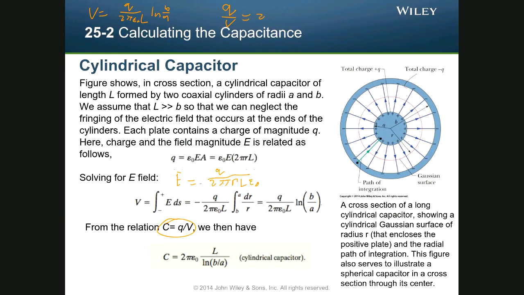So that's going to be 2 pi epsilon naught L, and that's going to be all over the natural log of B over A, sorry. I'm mixing all sorts of stuff up tonight. B over A, okay? And remember, C is equal to Q over V, so you'll notice that this equation is identical to what we have on the bottom of the page.